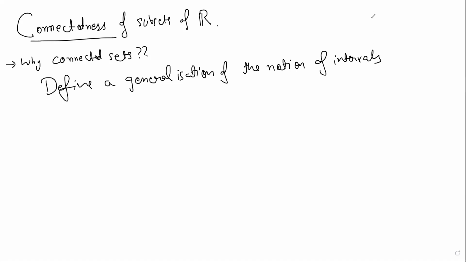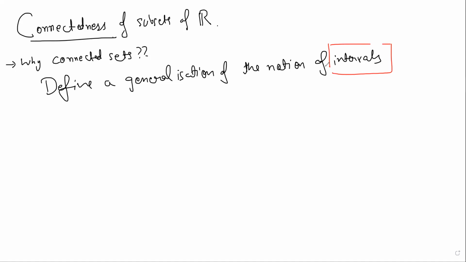And intervals we know are very important. If you look at all the good theorems in analysis, especially from R to R, like the intermediate value theorem, that needs your domain to be an interval. Otherwise, the intermediate value theorem does not hold.